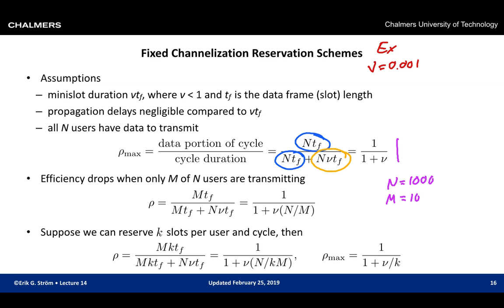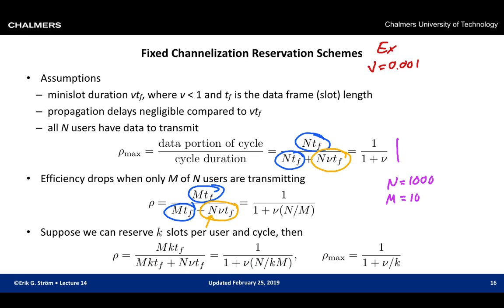That could very well be the case, right? So what happens then? Well, again, we can calculate rho, which is m times tf. This is again the data part. And then we divide the data part by the data part plus the time it takes to do the reservation. And we see here that we need 1 mini slot per potential user, right?